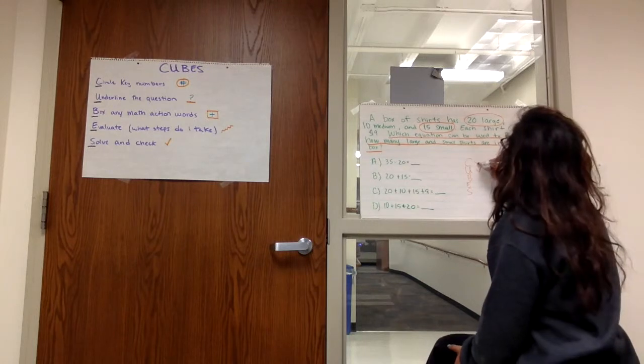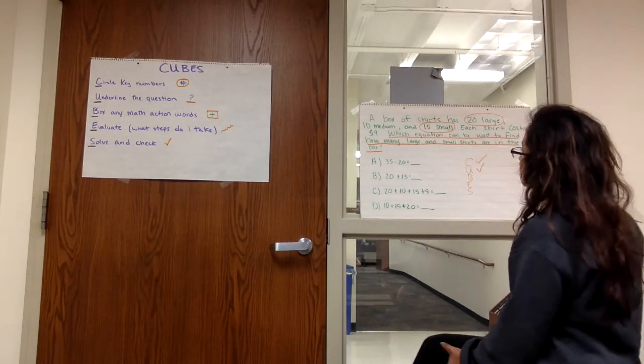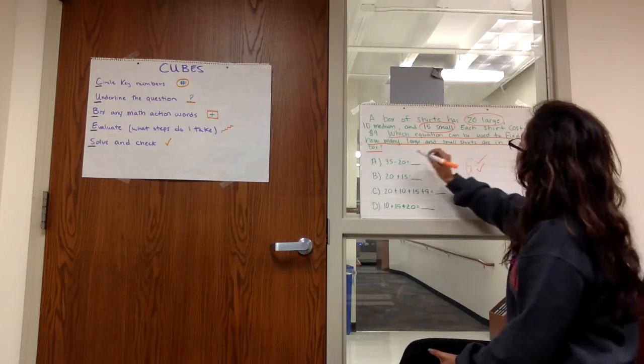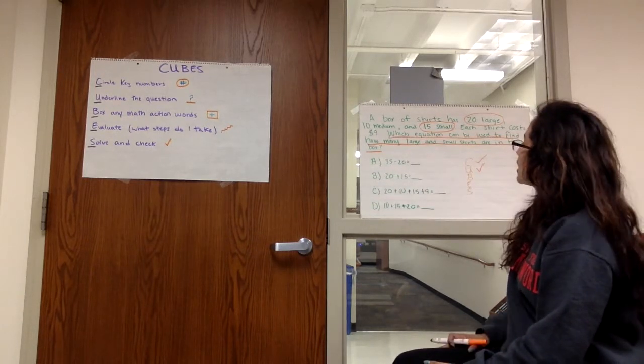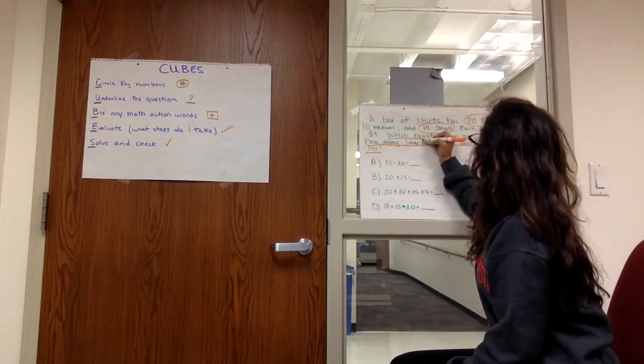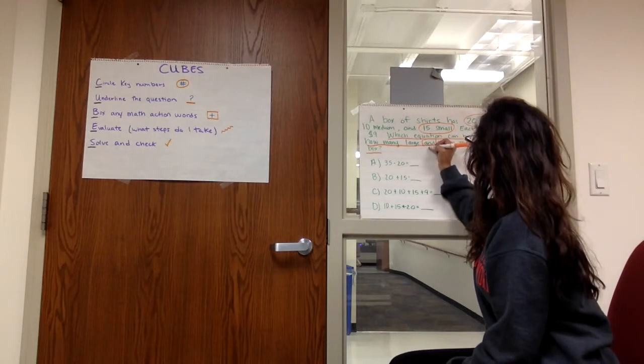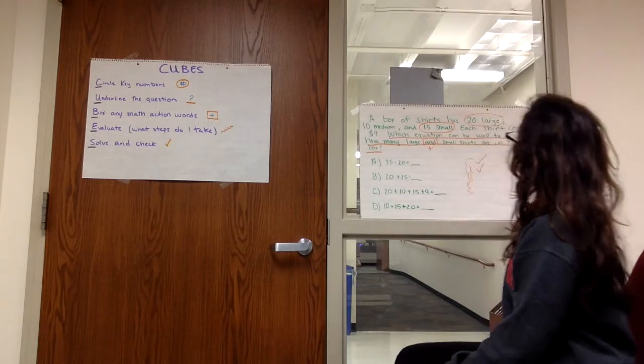Now, next step is box any math action words. So our action word would be and, as in plus. I'm going to box and you can put the equation symbol next to it. So that's going to be plus.